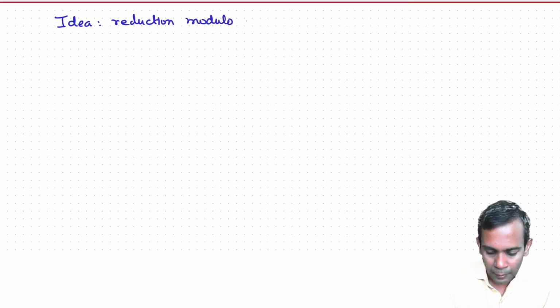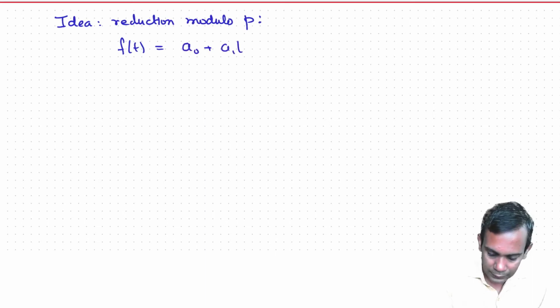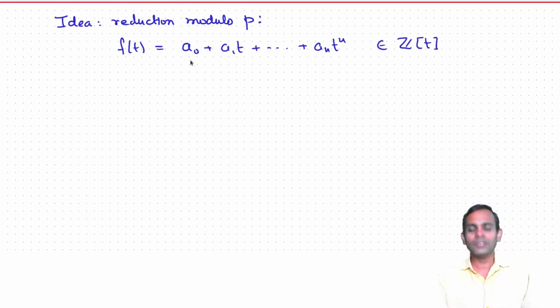So if you have a polynomial f(t) equals a0 plus a1 t plus ... plus an t to the n with integer coefficients, then you can take each of these coefficients and reduce it modulo p.